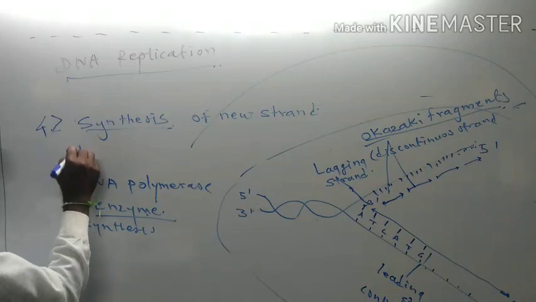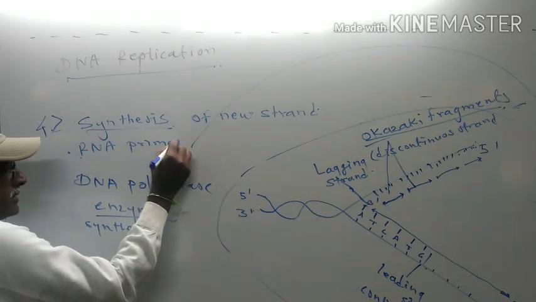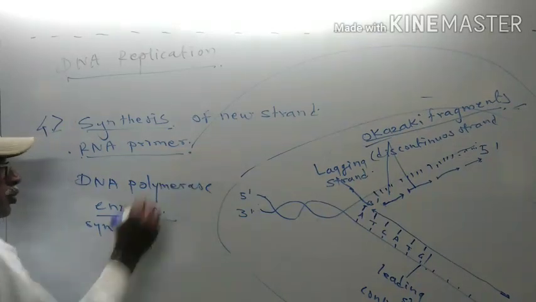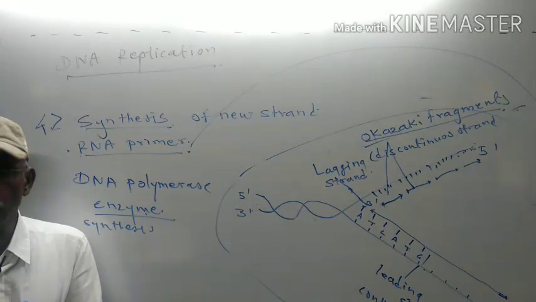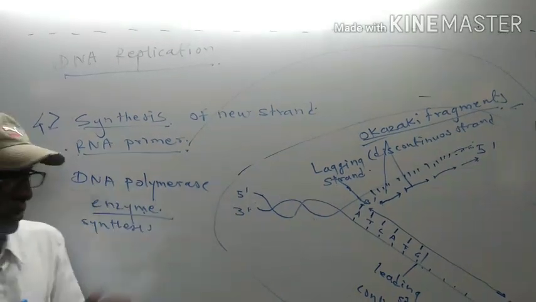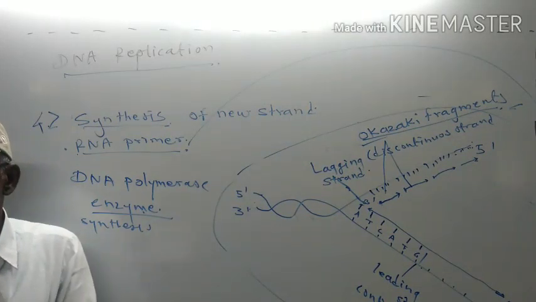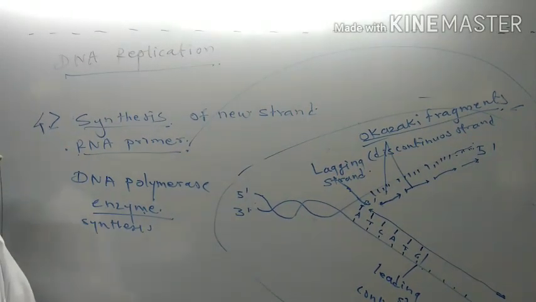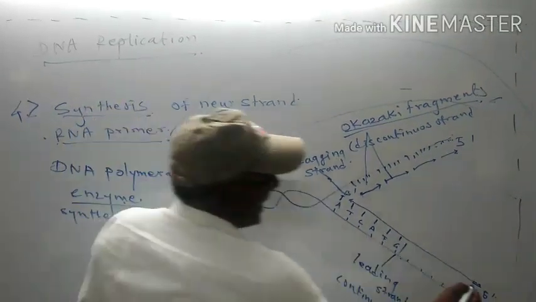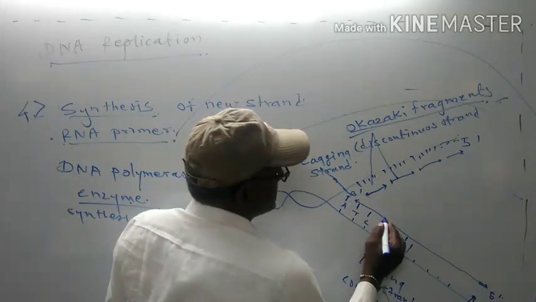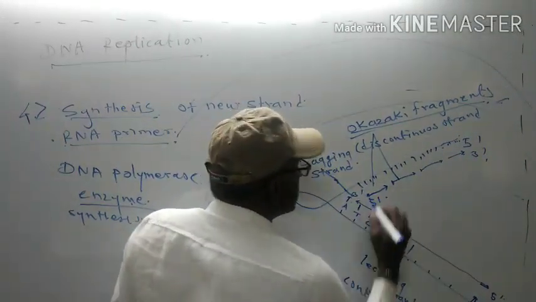And the RNA primer attracts complementary nucleotides from the surrounding nucleoplasm with the help of DNA polymerase, and there is a synthesis of new strand. And the new strand which is formed is always in the 5' to 3' direction. This is 5' to 3', this is the 3' end, this is the 5' end.